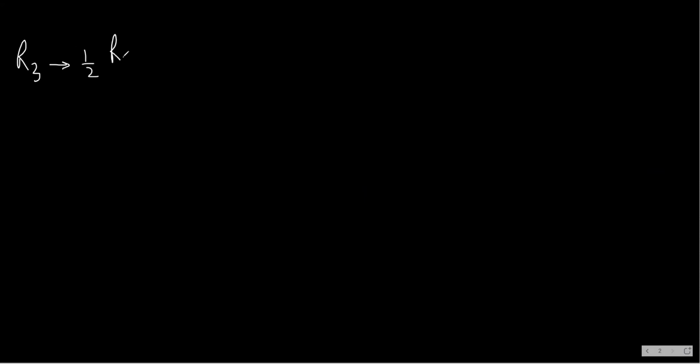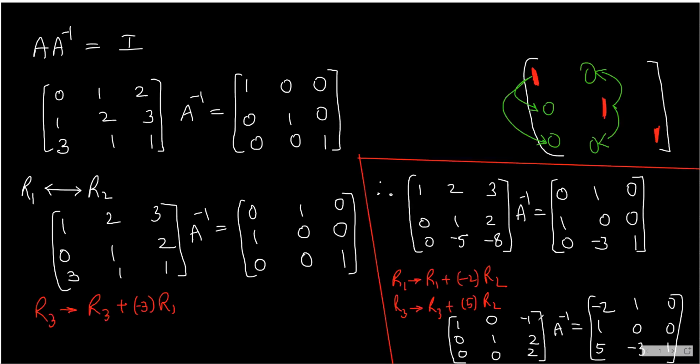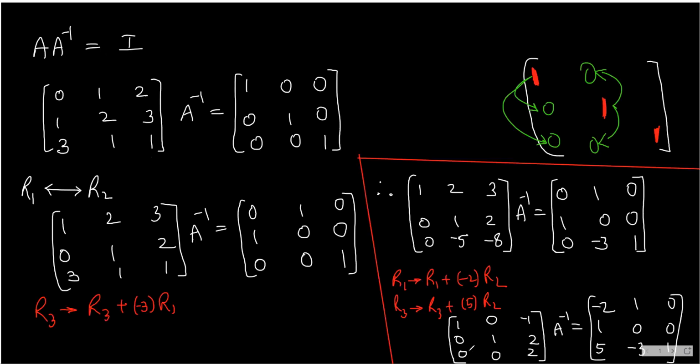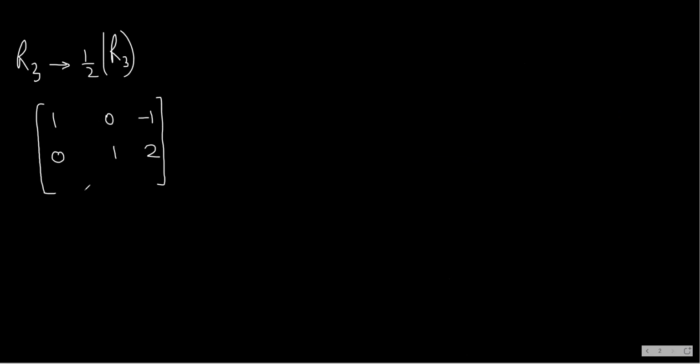So what I will get, see, you will get here 1 0 minus 1, 0 1 2, 0 0 1, A inverse, and same transformation on right hand side.